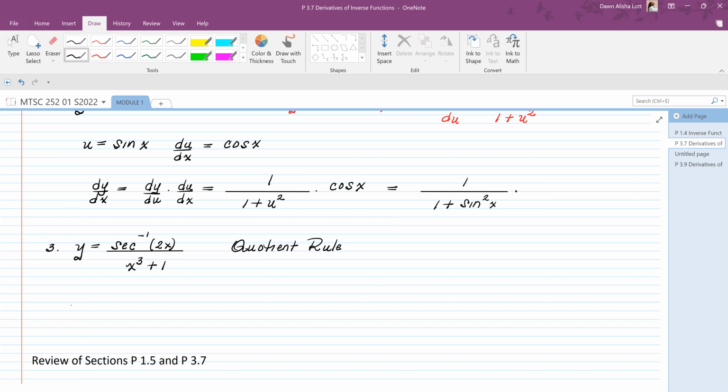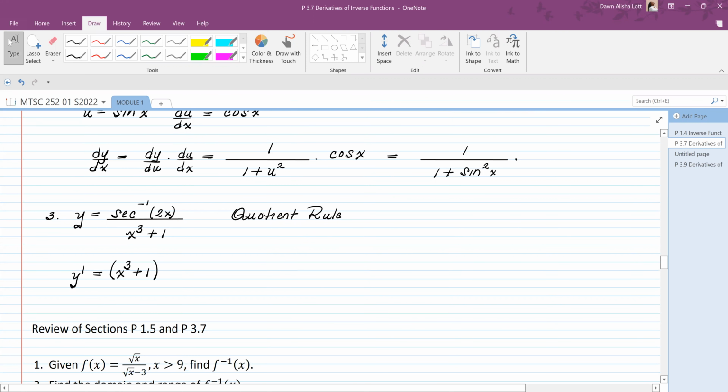Okay, so let's see, y prime is going to be the bottom, which is x cubed plus 1, times the derivative of the top. So the derivative of the top requires us to do a chain rule.